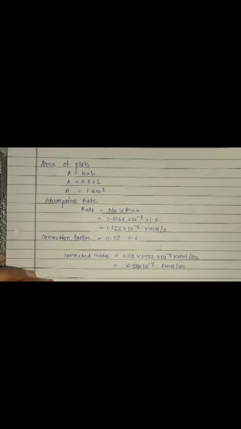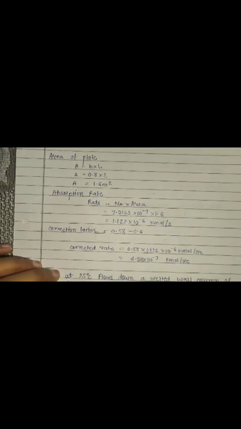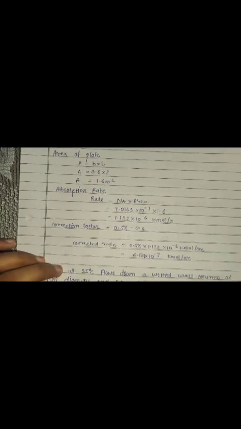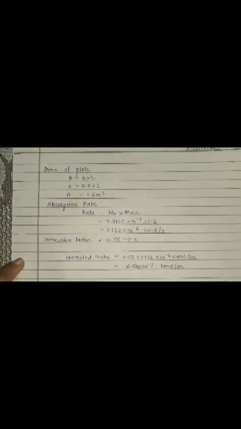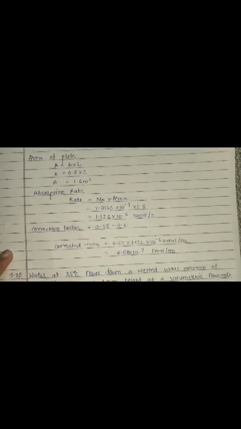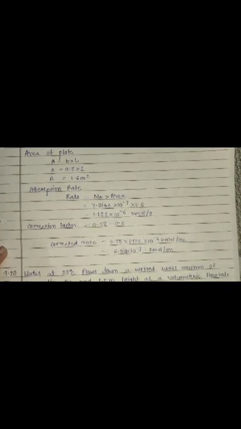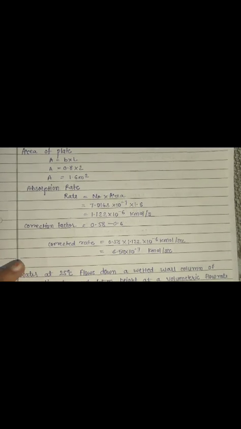A correction factor is then applied to account for practical deviation, yielding the final absorption rate. So in this case we have taken correction factor as 0.58, and then multiplying with the absorption rate, we will get a corrected rate.